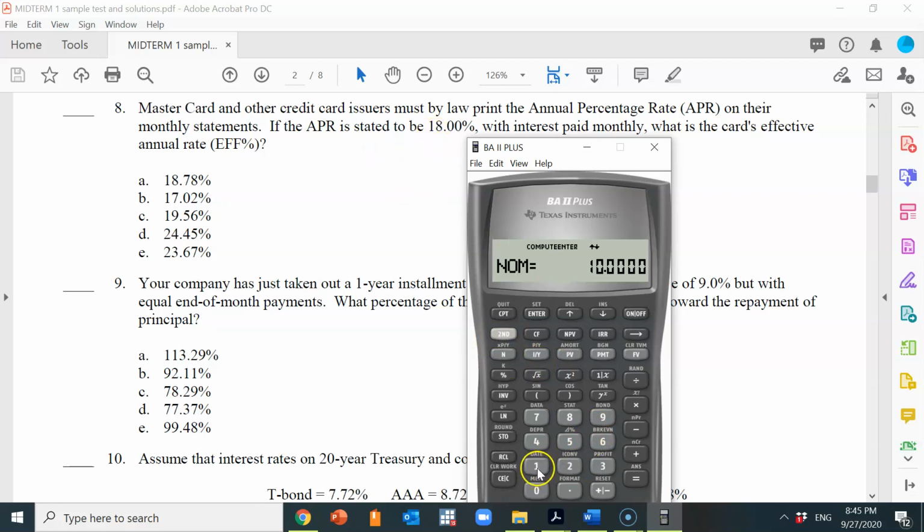Input nominal rate here as 18, enter, down button, effective annual rate, wait a second, down button C/Y, compounding periods per year. Here it's monthly compounding, so let's input 12, enter. Up button, compute.